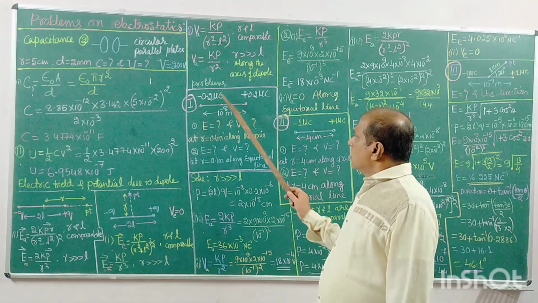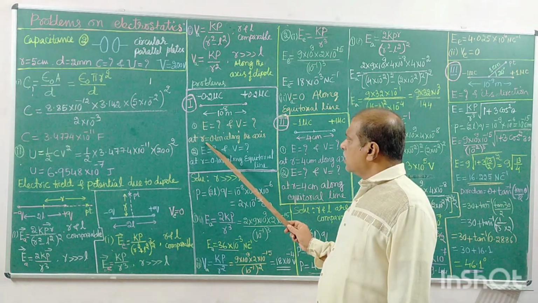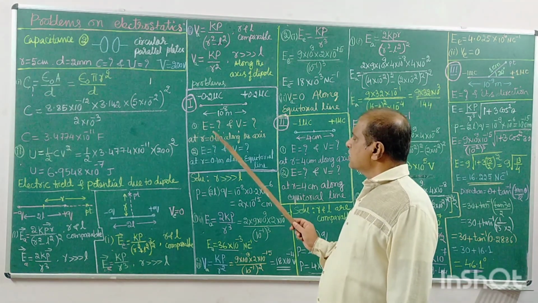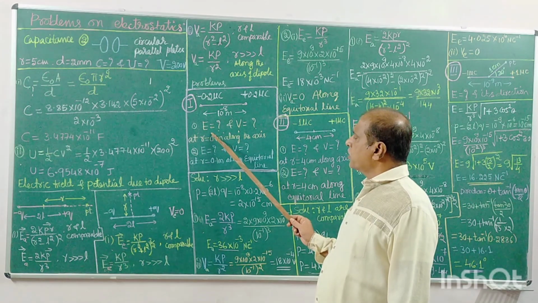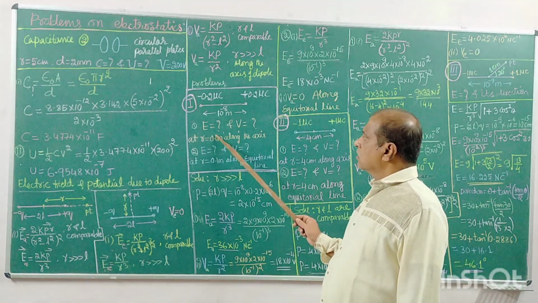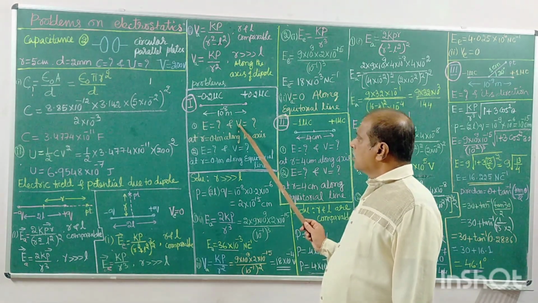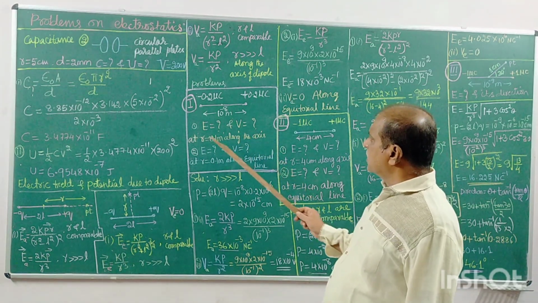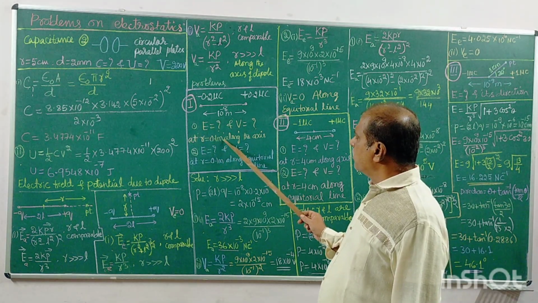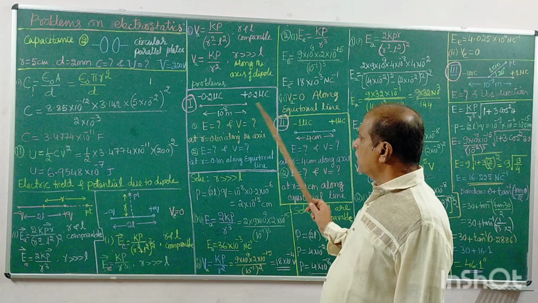One more data is given: R is equal to 0.1 meter. You have to calculate the electric field and the electric potential along the axis, at a point 0.1 meter from the center of the dipole, like this.